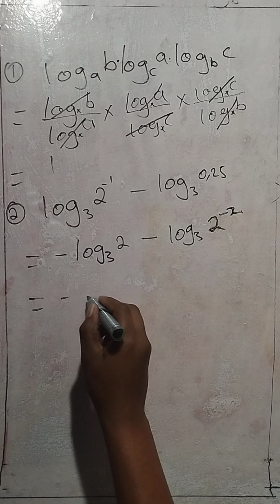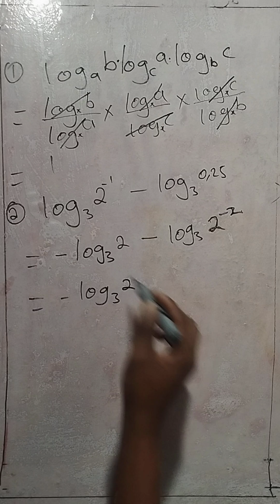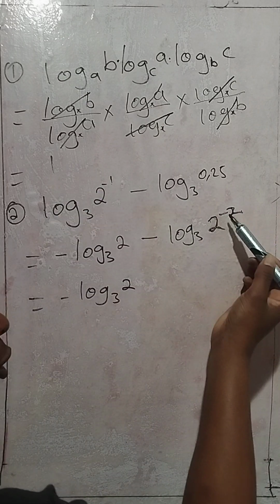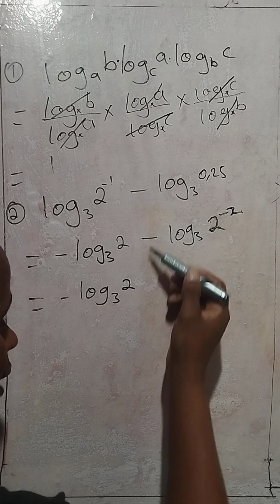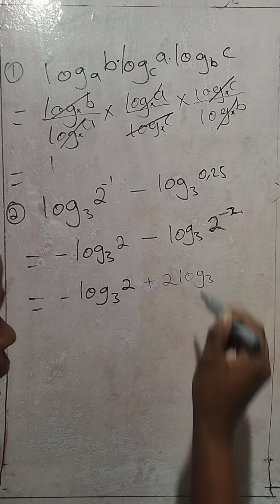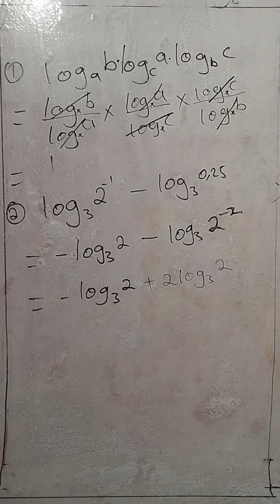Now, this is negative log of base 3 of 2 exponent negative 2. Remember what I said, exponent times coefficient. Here I multiply the exponent negative 2 by the coefficient of the log, negative 1, which gives positive 2 log of base 3 of 2. One might be confused and ask why you multiply the coefficient with the exponent.